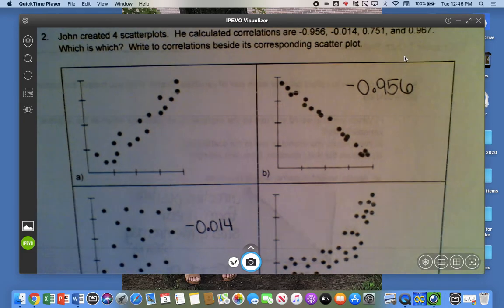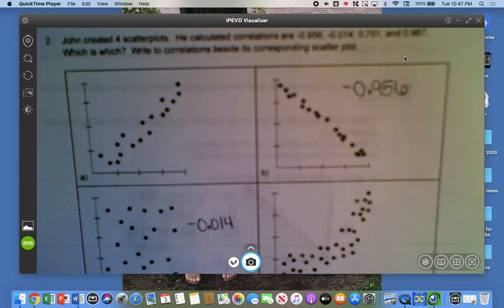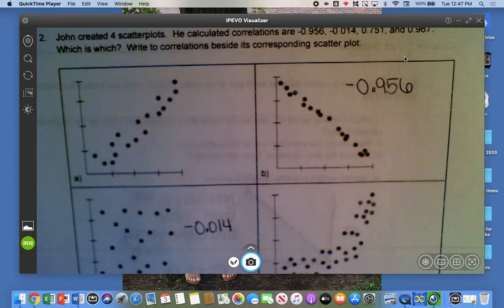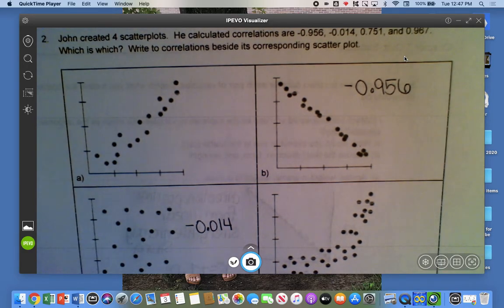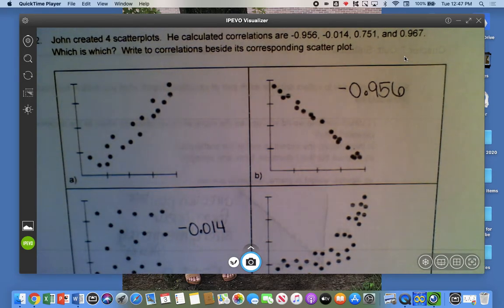I think that's fair. Now what about A and D? One is 0.75 and the other one is 0.967. Which one do you think is stronger, A or D? I'm going to say A is stronger.